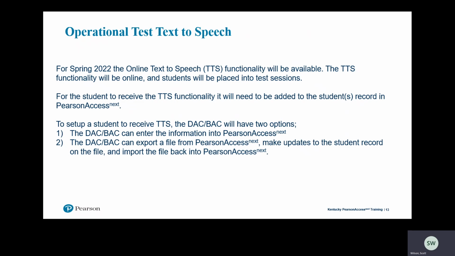This is the same process that we used last year, and there are two options. The first option is the DAC or the BAC can enter the information into Pearson Access Next. The second option is the DAC or the BAC can export a file from Pearson Access Next, make the updates on the student record on the file, and then import the file back into Pearson Access Next.